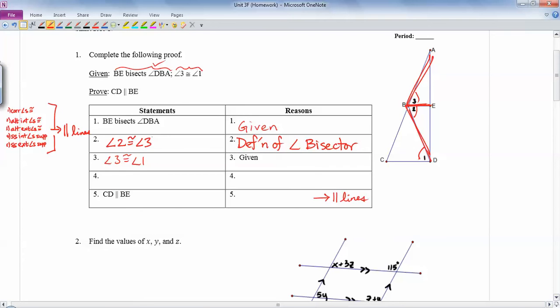If 2 is the same as 3 and 3 is the same as 1, then right here, since 2 is the same as 3, in this next step, I could replace that 3 with the 2. Right? I can just substitute that in since 2 and 3 are the same. So then this line would become angle 2 is congruent to angle 1. I'm just keeping the 1 as is. So that would be substitution.